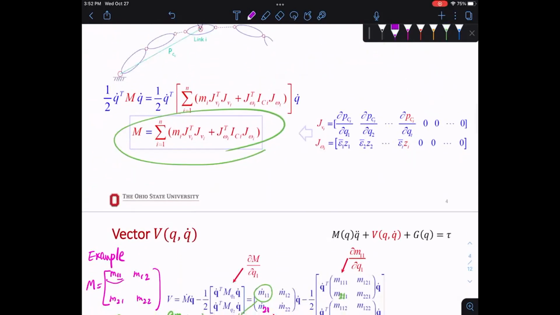If i is 1, JV1 is the partial of PC1 with respect to q1, and everything else is 0, however many links we will have, because JV1 does not see the effect of other links, right? But you need to know how many columns your Jacobian has. So you will allocate 0 to the ones that are not there.